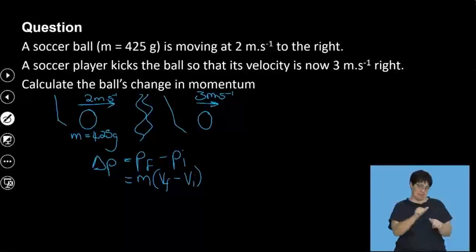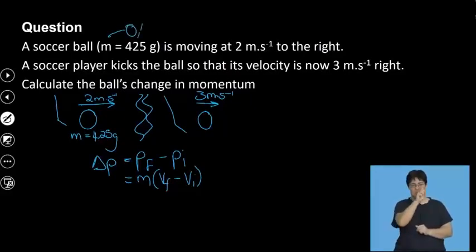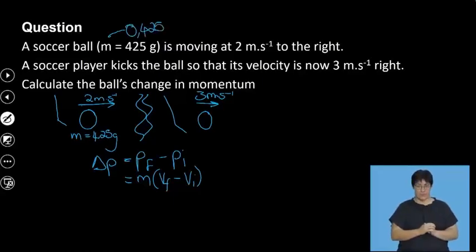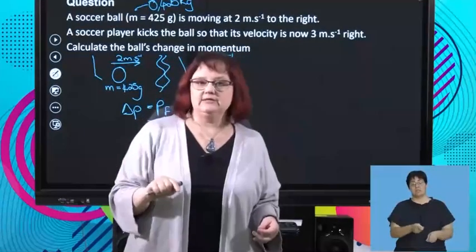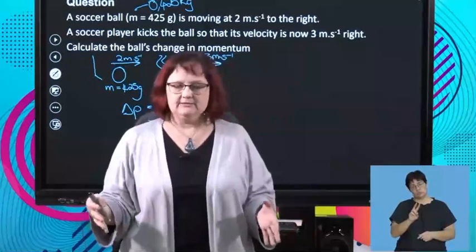Now, the mass of my object is 425 grams. Remember, we can't work in grams. So we have to change that to kilograms, which means we're going to divide by 1,000. Just quickly, your information sheet always says round off your final answers to at least two decimal places.